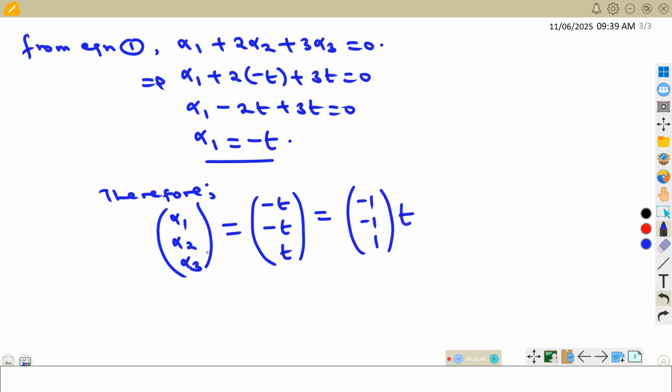So we are saying that t is any real number. It means for any value of t, we shall be able to get alpha 1, alpha 2, and alpha 3.